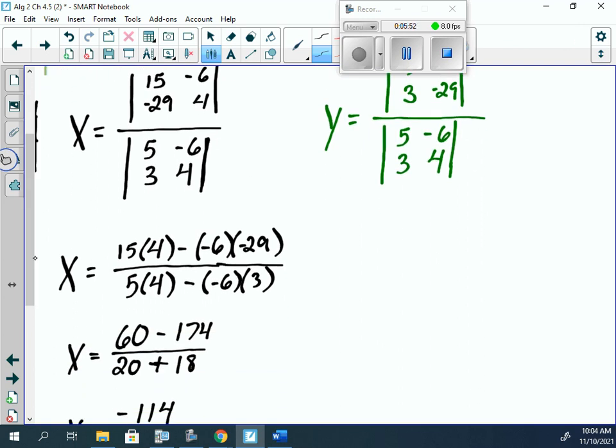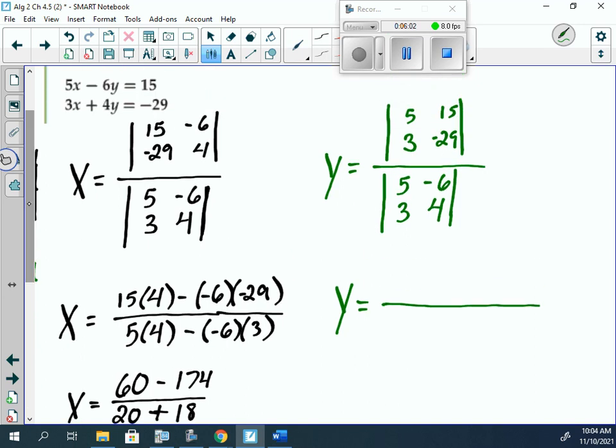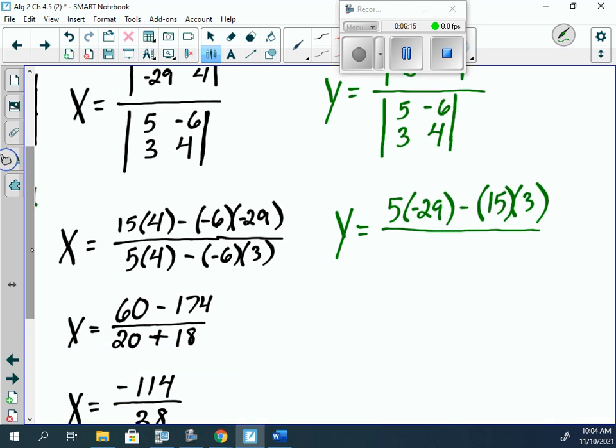We ready to solve y? For y, yes? So y is equal to, so we're going to do the cross for the top, which would be 5 times negative 29 minus 15 times 3, yes? And what would we have on bottom?